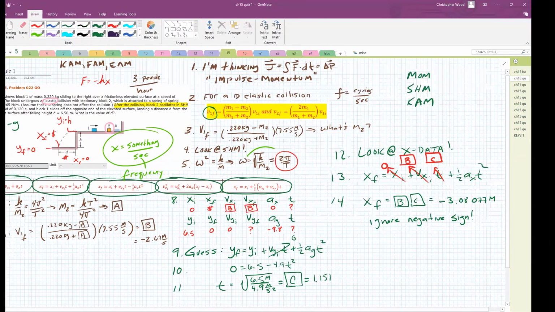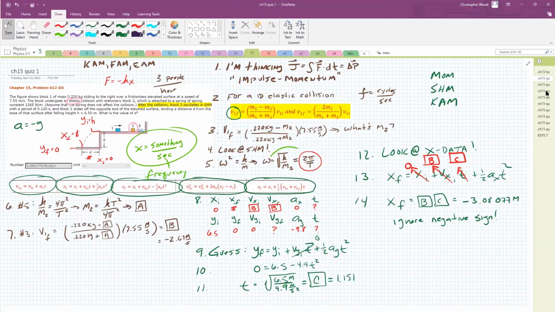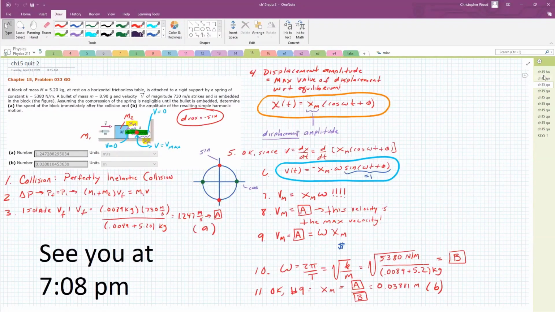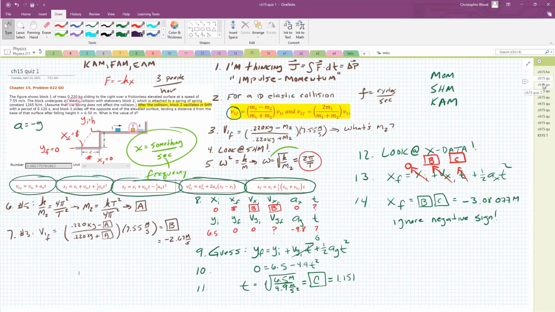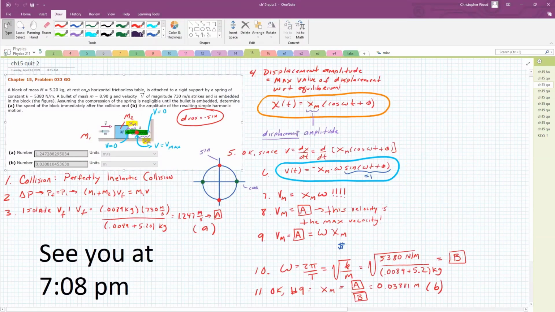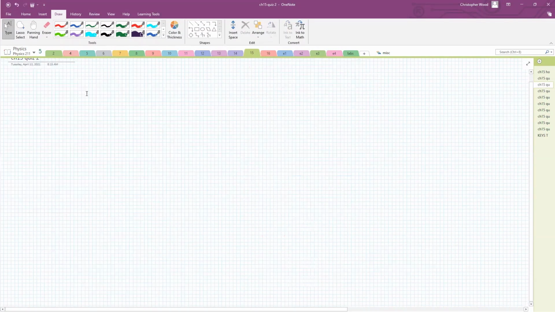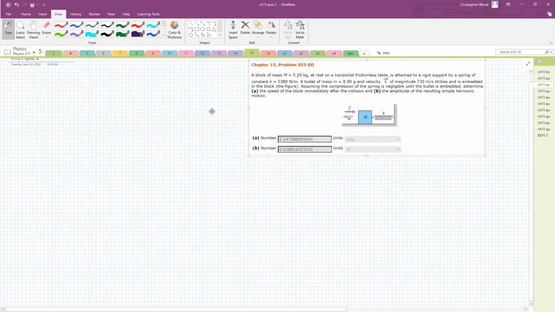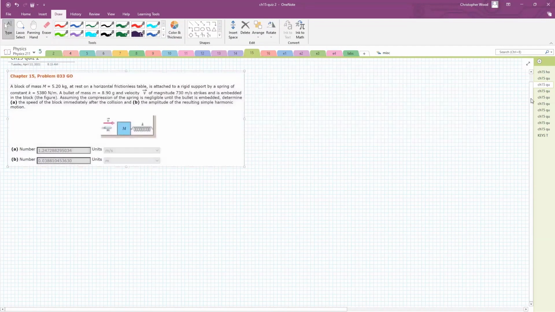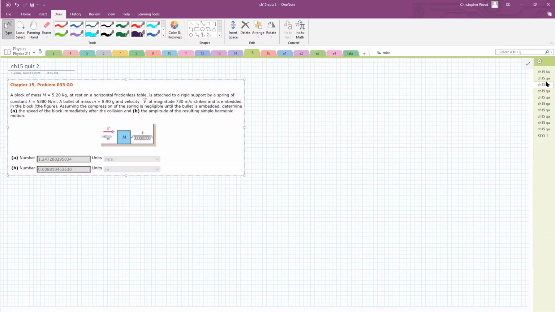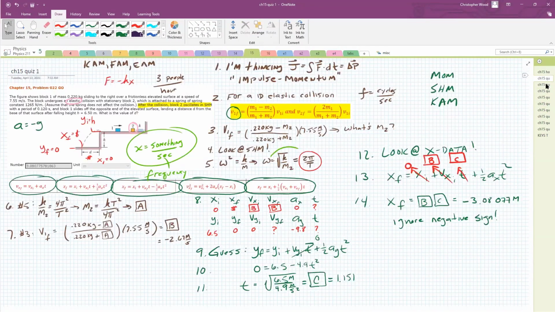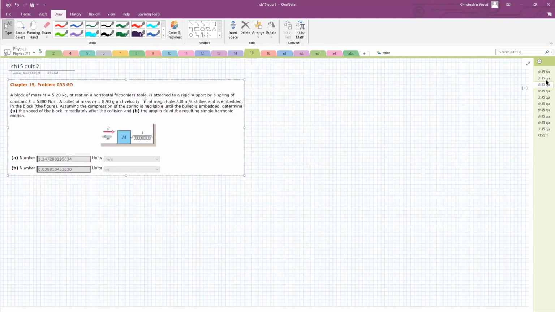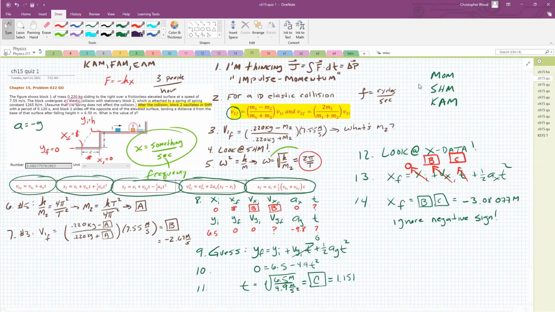Let me get the next quiz ready. I think the next quiz is already there. Let me clear the clutter. Let me check. Quiz 2 should be problem 33. Let me sanity check that for myself.